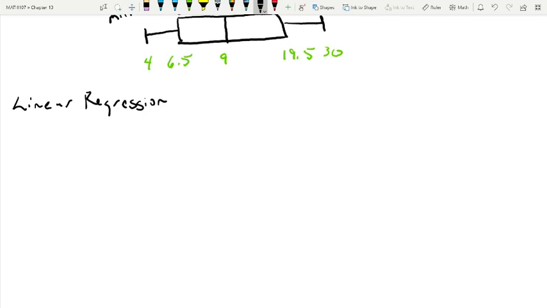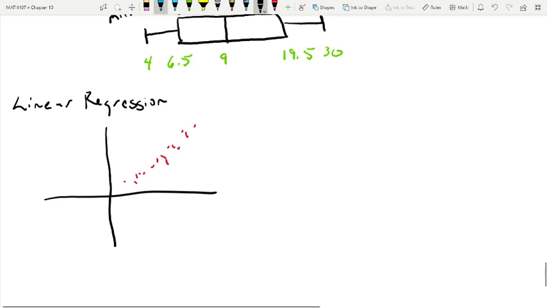So in terms of linear regression, if I have a scatter plot, so I have some dots like this, and you say, well, that looks pretty linear, and it looks like it's increasing in terms of my set of points. And you say, okay, I could probably draw a line going through here, and it goes something like that.